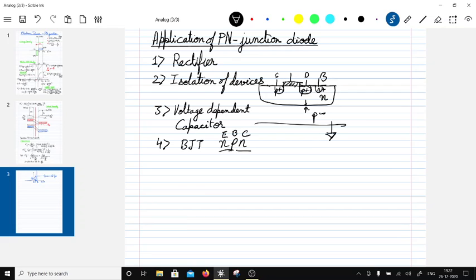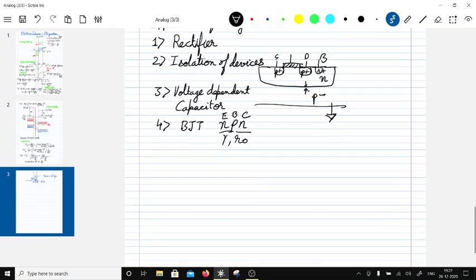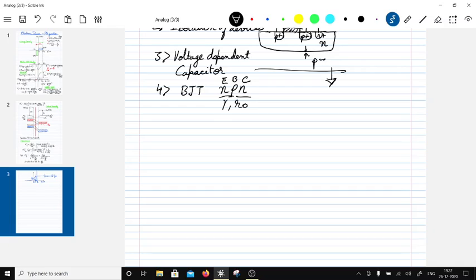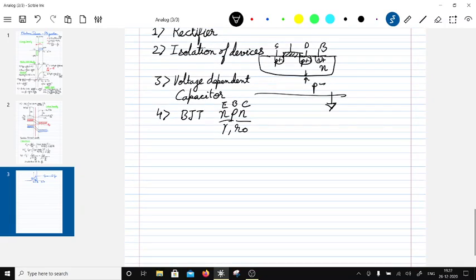The injection efficiency of electrons here decides the beta, and the base width modulation, because of the reverse biased PN junction at the base collector, decides your output resistance. So these factors depend on the characteristics of the PN junction. These are the applications of the PN junction. The only topics which remain are the forward bias diode and breakdown.